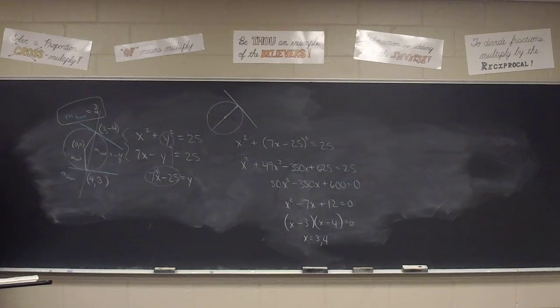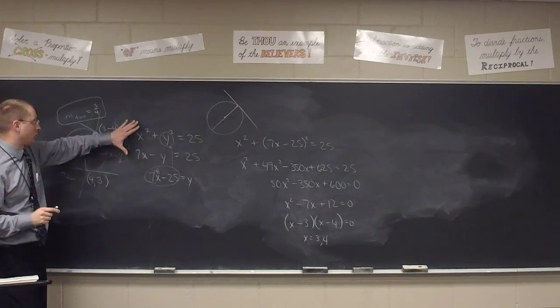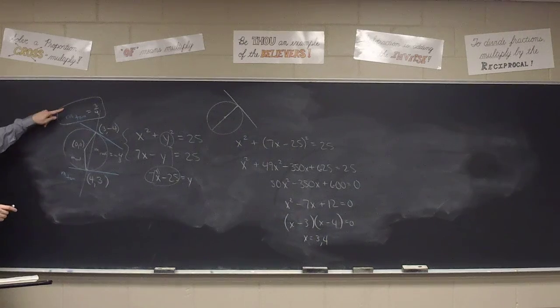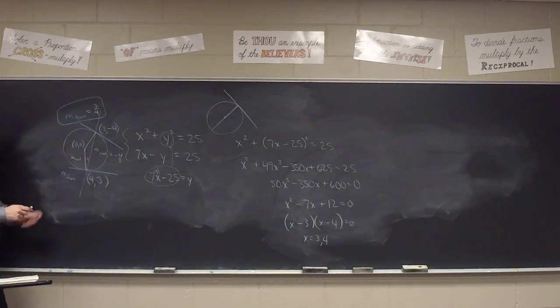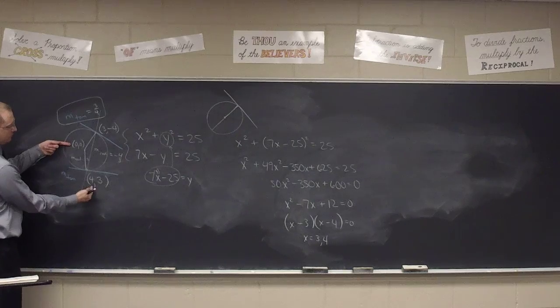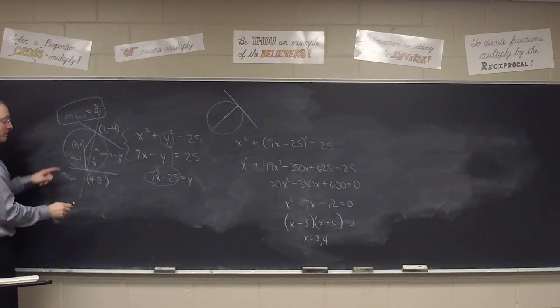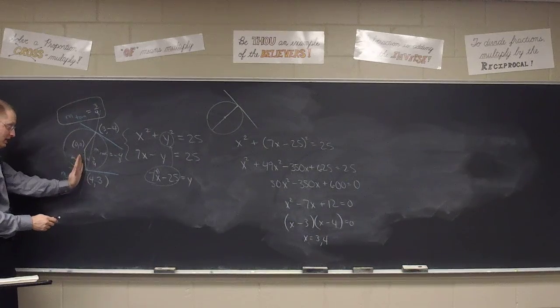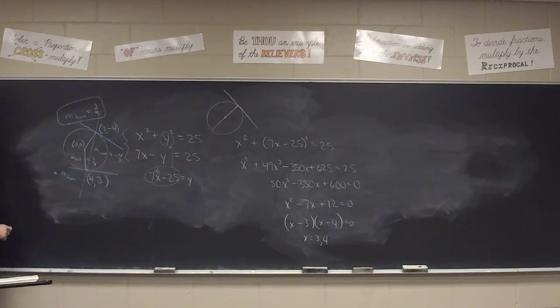So one of my tangents, if tangents are drawn at the points of intersection between this line and this circle, one of the tangents will have a slope of 3/4. All right, what's the slope of this radius from 0, 0 to 4, 3? 3/4. All right, so if that's the slope of this radius, what would be the slope of this tangent?